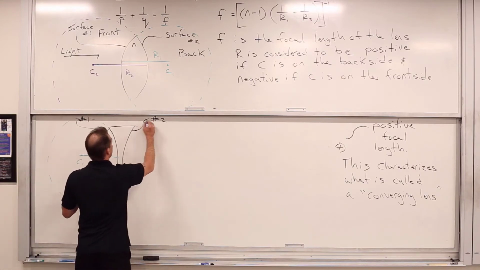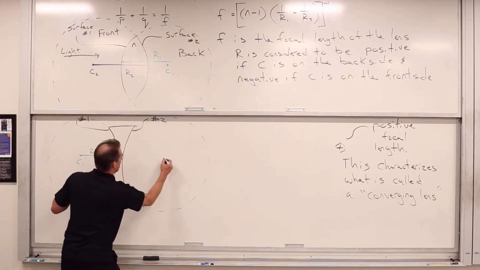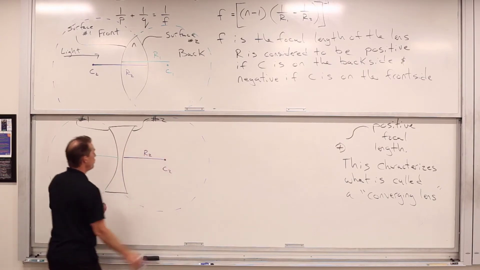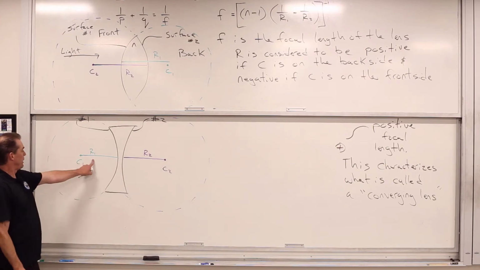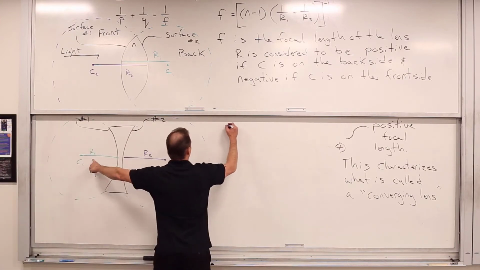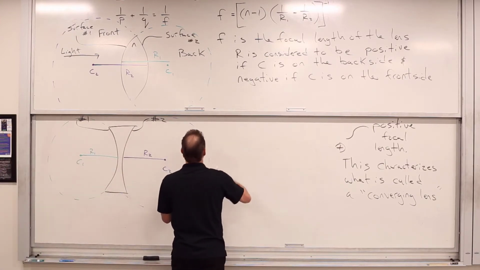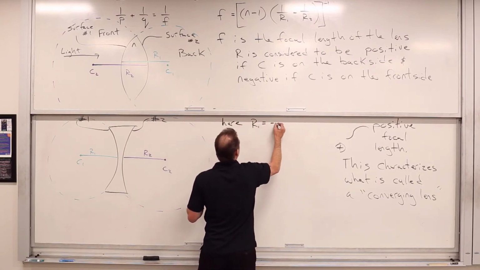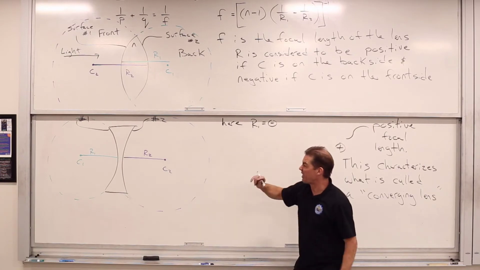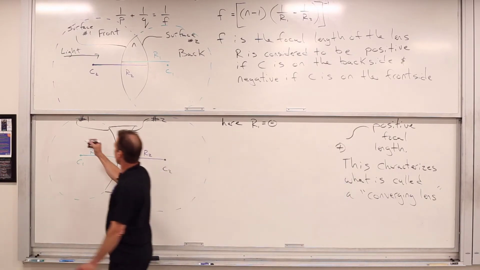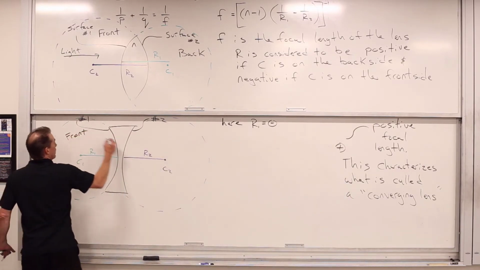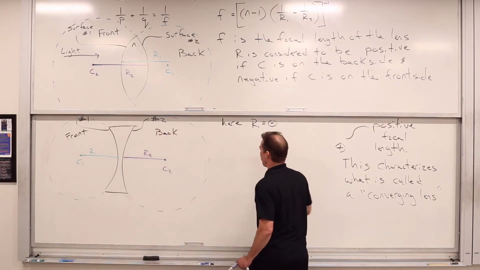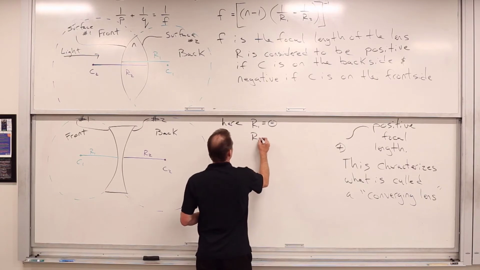And over here I have some C2 and some R2. And what would we say? Well, R1 would be considered to be a negative value because it is on the front side, and R2 would be the positive one because it is on the back side.